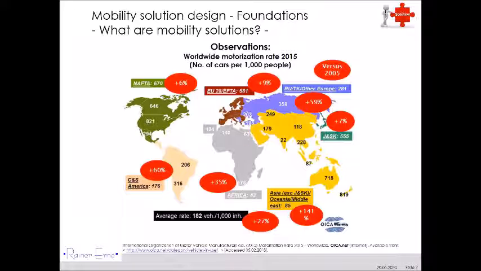And you can see here that the motorization rate in 2015 is increasing versus 2005, versus 10 years ago, especially in parts of Asia with about 180% increase within 10 years, very much in Europe and in Asia especially. So this is one indicator where the problems will arise.